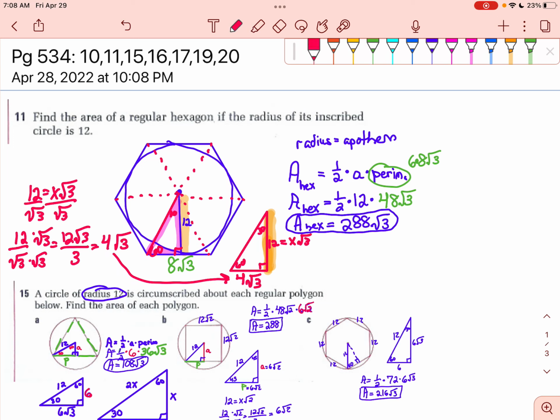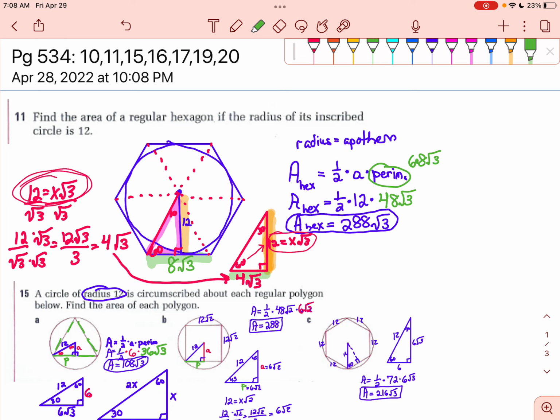And then the side across from the 60 is always equal to x root 3, which is equal to 12. So I set that equation up over here on the left, and I went through and I solved it. So I got x is equal to 4 root 3. Keep in mind, if the bottom is 4 root 3, I'm looking for the whole base of this triangle, which is 8 root 3.